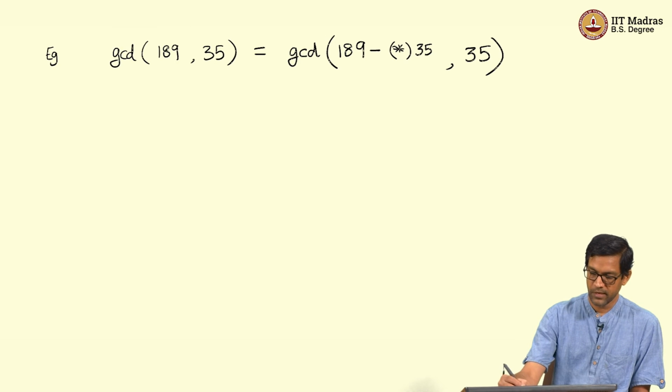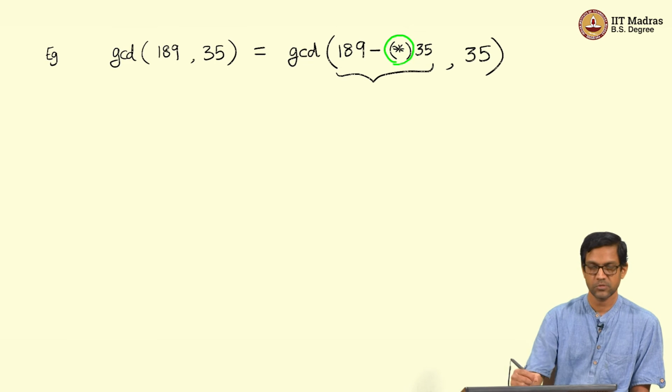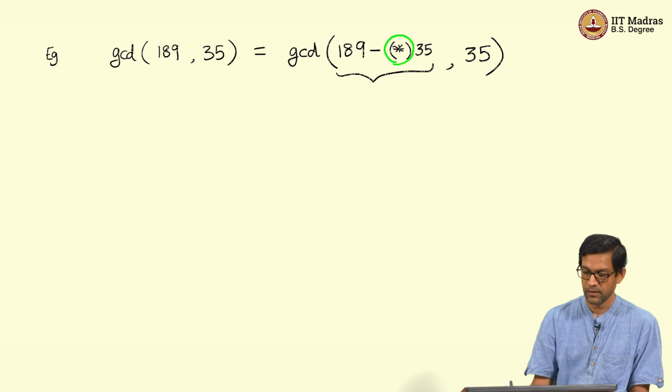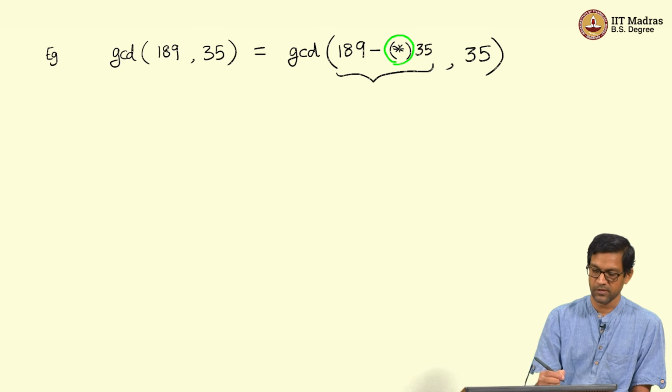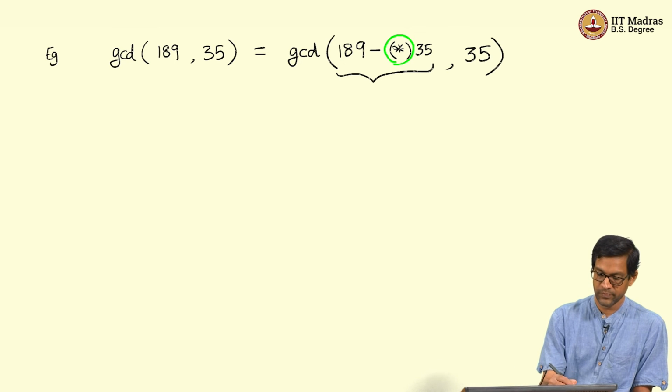So, my question is how should I choose this multiple so that this number becomes as small as possible. So, that is the goal really, right. So, I know I can pick any multiple whatsoever, but which one will ensure that I get the smallest possible answer there. So, that would be the most optimal way of doing it, right. So, let us see what would we do.